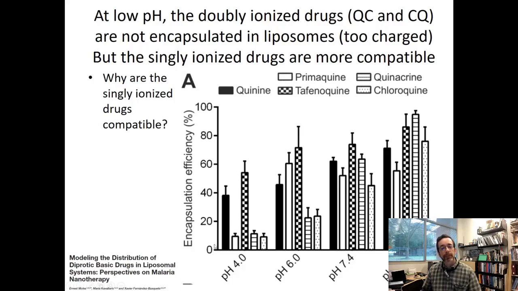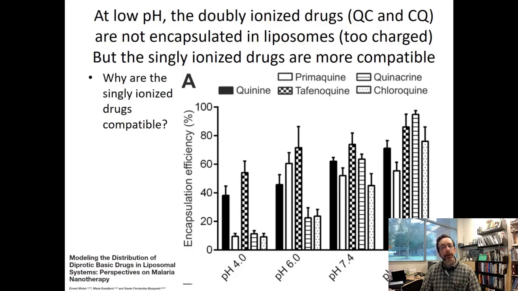If you look at this graph right here, here's the pH 4 graph, and you can see that the 2 bars on the right, the doubly ionized drugs, are not able to get into the liposomes. The singly ionized drugs tend to be more compatible. They tend to have the higher bars. There's some complexity here, but the 3 bars on the left will tend to be more encapsulated in the liposomes than the 2 bars on the right. That's what this has shown.